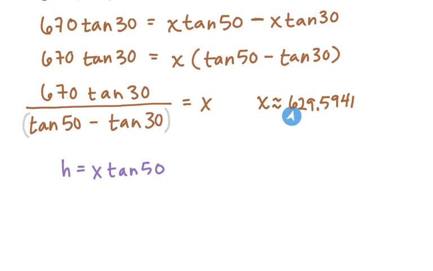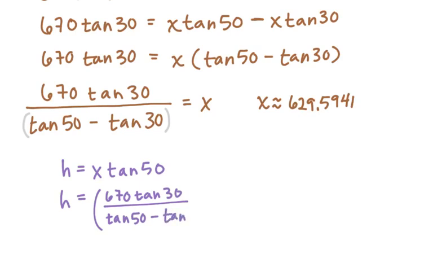You could use the answer button and say previous answer times x tangent 50, or you could type it in here exactly, which is the way I'm going to write that. We have this entire x value, 670 tangent 30 divided by tangent 50 minus tangent 30, times tangent 50.